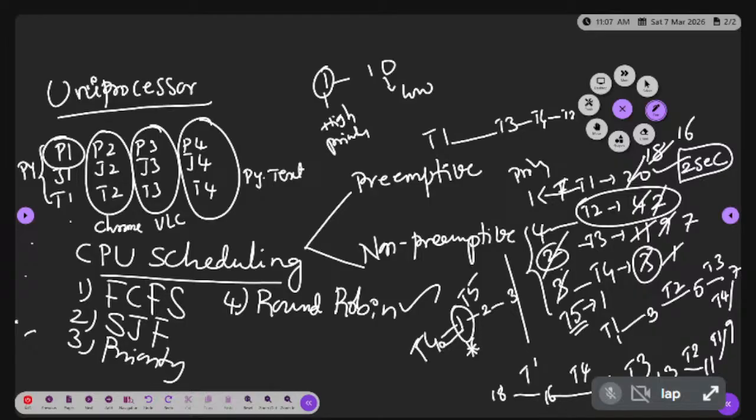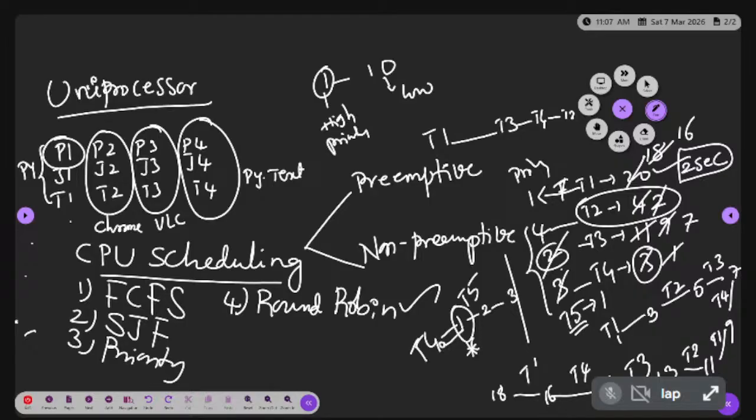The problem says consider the following processes P1, P2, P3 with burst times and so on. Calculate average waiting time, average turnaround time, response time. Arrival time is given. Burst time is also given. You need to calculate waiting time. We have to calculate turnaround time, average waiting time, average turnaround time.